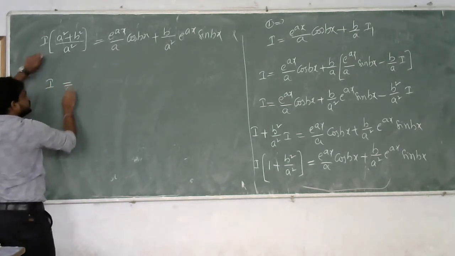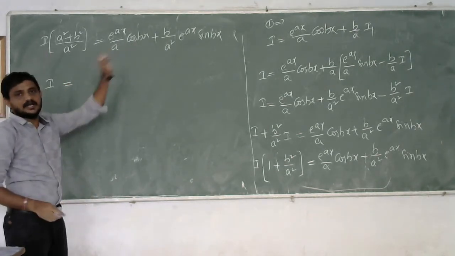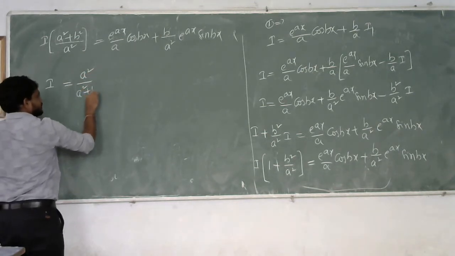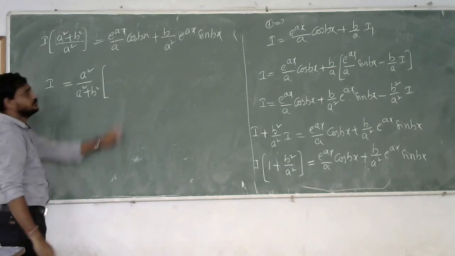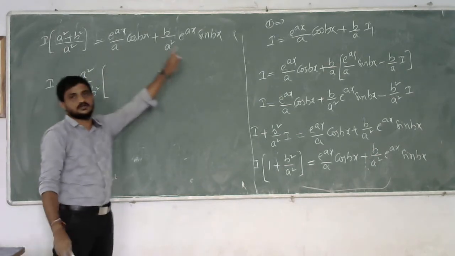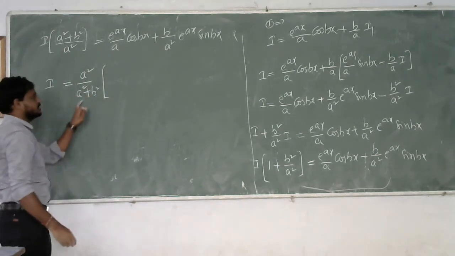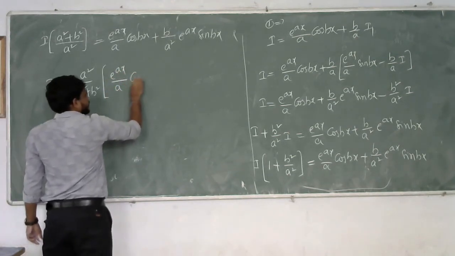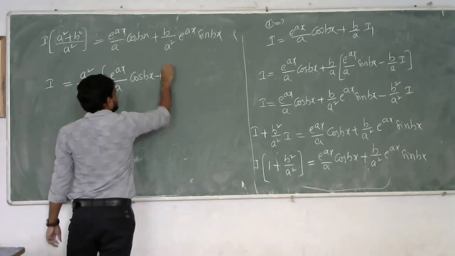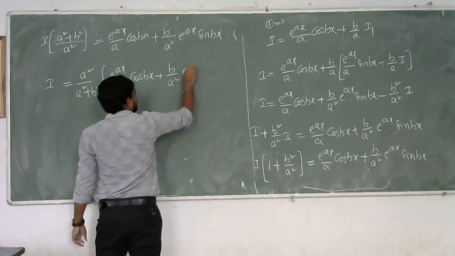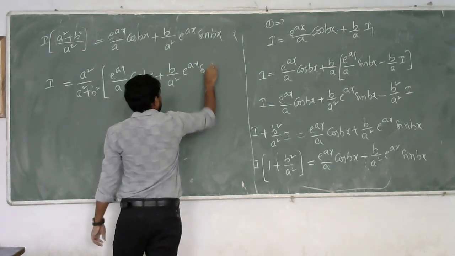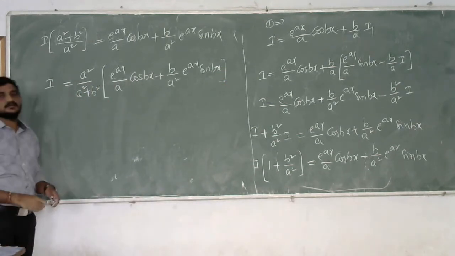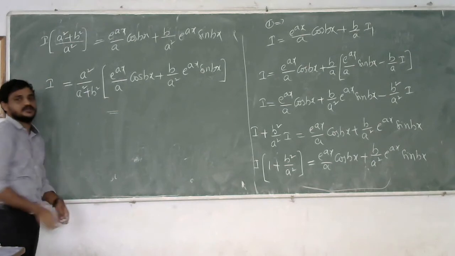That is I equals, take this total term to RHS. So it becomes a square by a square plus b square into, it will multiply these two terms, right? So a square by a square plus b square into e power of ax by a into cos bx plus b by a square into e power of ax into sin bx. Okay, so that is the integral of the given function.